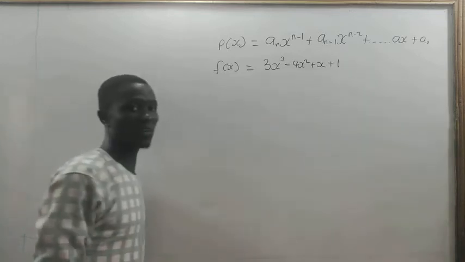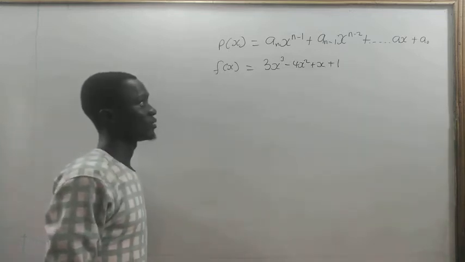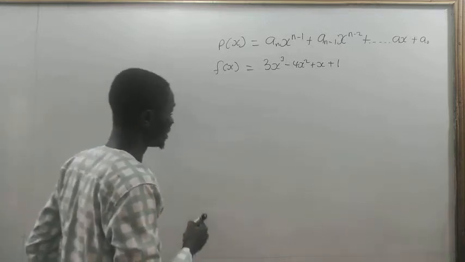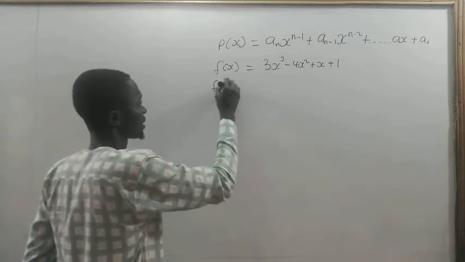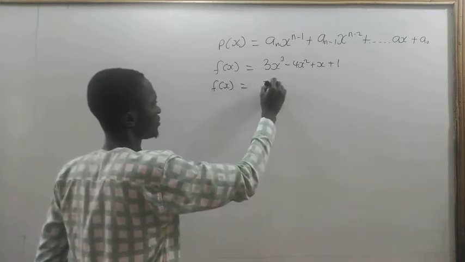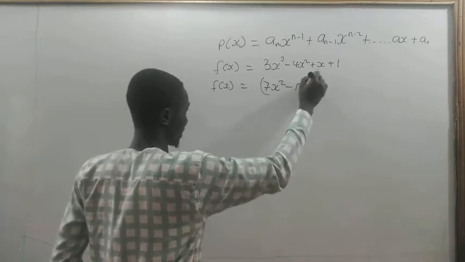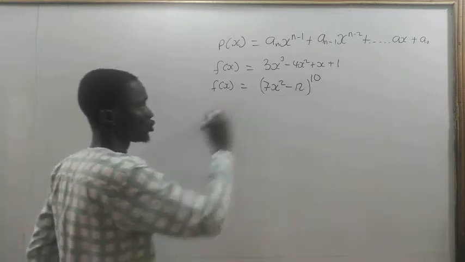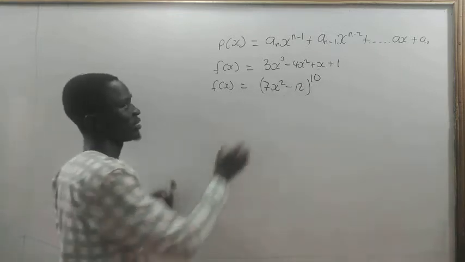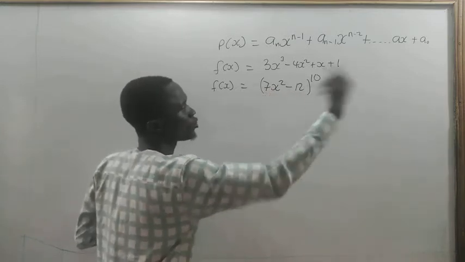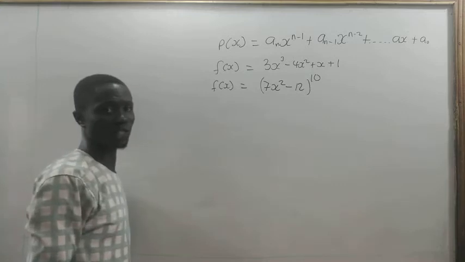This is a polynomial function. Now, if I take, let's say, f of x equal to (7x squared minus 12) to the power 10, this is also a polynomial function because we have a polynomial function multiplying itself 10 times. So you still get a polynomial function.